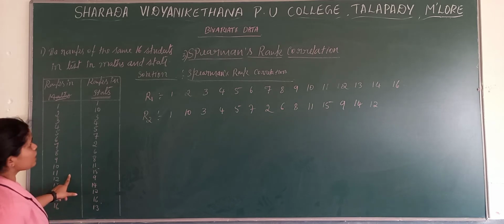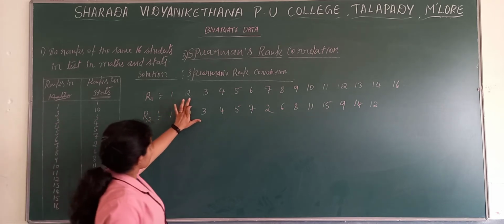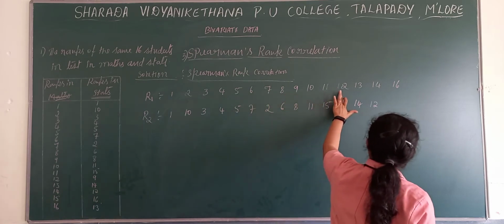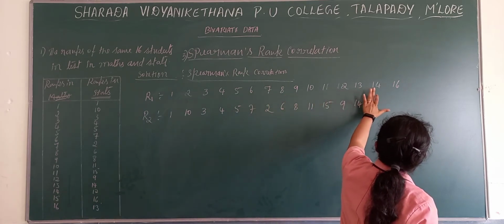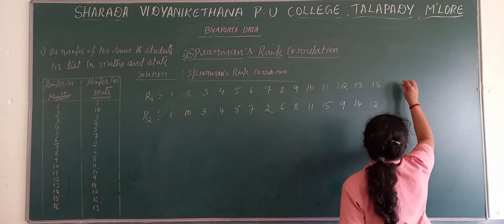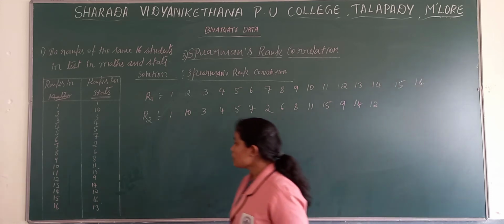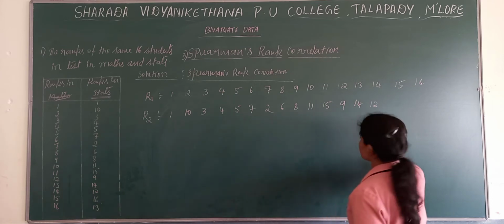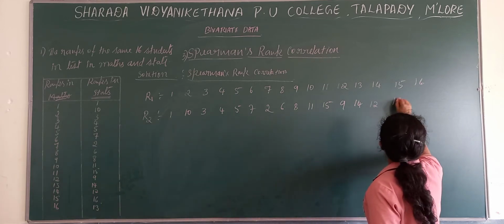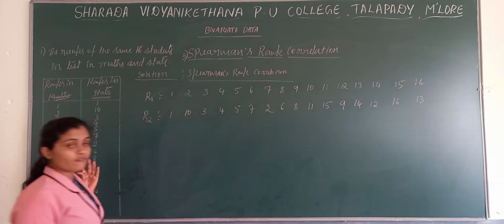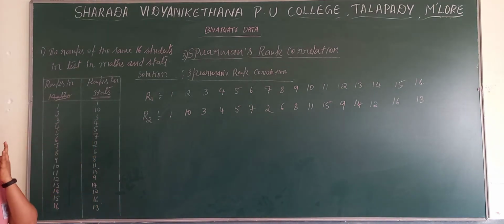I think we left out one of the numbers here. These are the ranks which they have given in the problem. They directly provided the ranks, and as they are, we have taken them.